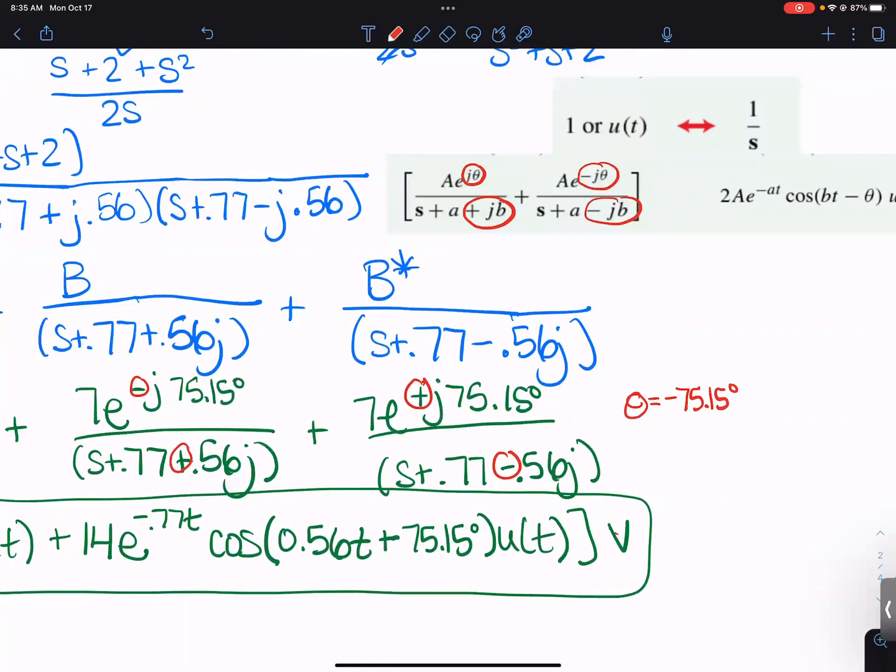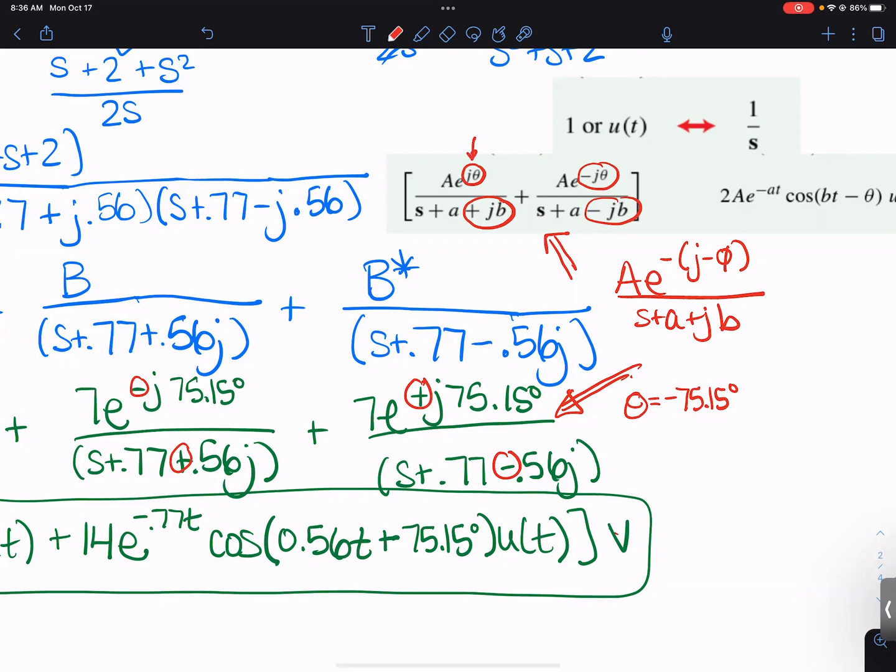Does that make sense? No? How does this match up with this one? This one is expecting a plus theta and a plus JB. But the only way for that to happen is if I have a negative theta here, in order to get a plus value there.